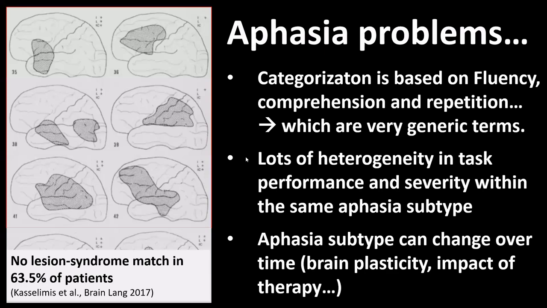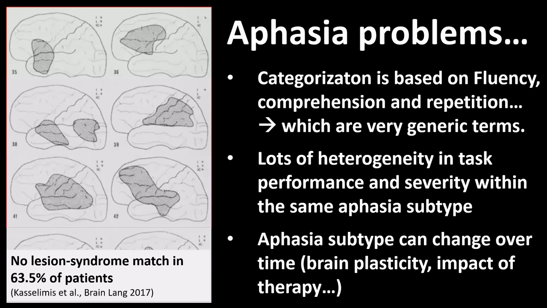Then in patients with the same aphasia subtype, there's a lot of heterogeneity in task performance and severity. So you can have a patient with a Broca aphasia who is barely able to mutter a word, and you have patients with Broca aphasia that can actually put up a conversation, be it with a lot of trouble and a lot of effort and a lot of difficulties in finding the correct words, but they're able to communicate in a way. So there's a lot of variability there.